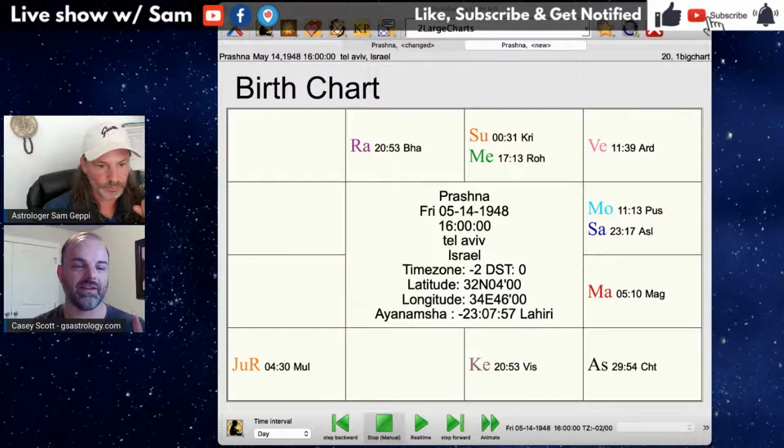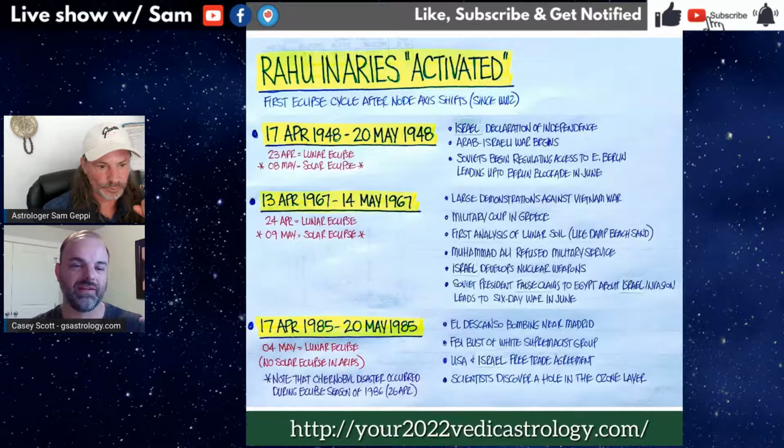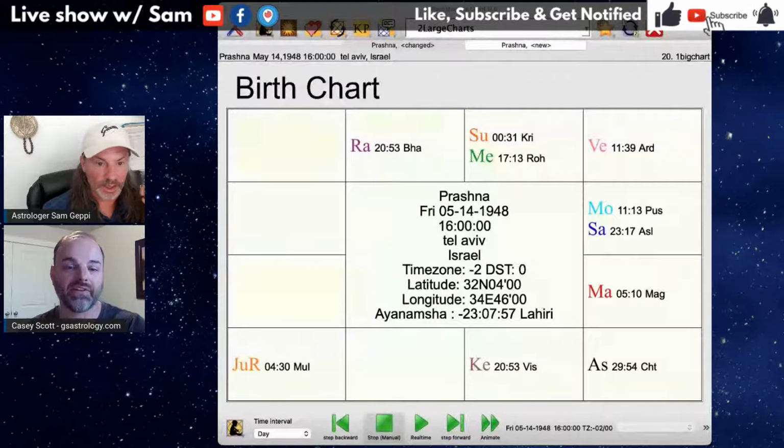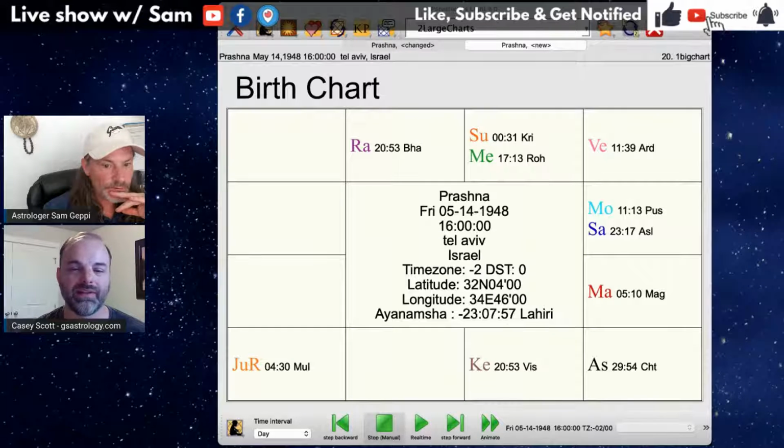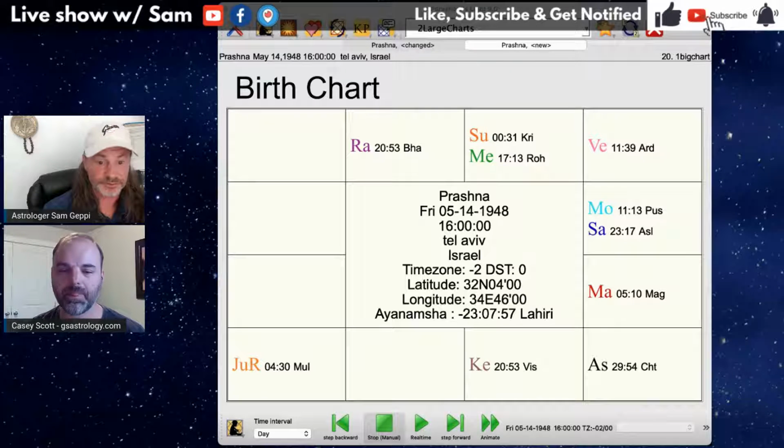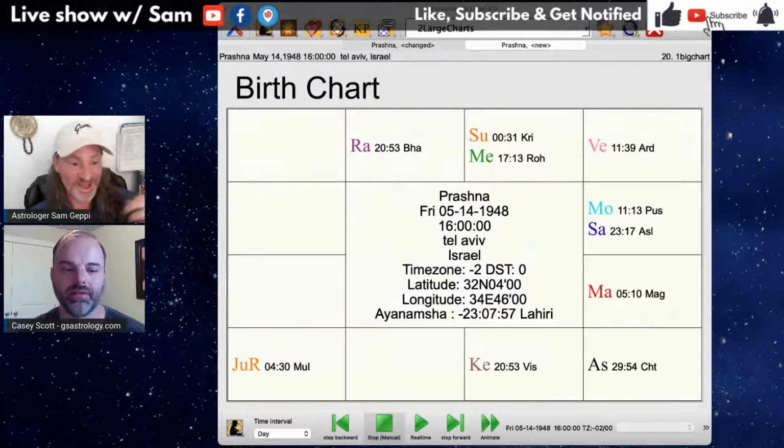They declared independence the day before the League of Nations declaration ended, and then the day after is when the war happened between Syria, Israel and a couple of the other countries. Right off the bat, the minute they declared independence, they had to fight for their survival. And Rahu in the 8th definitely would show that tendency, right? Yeah.